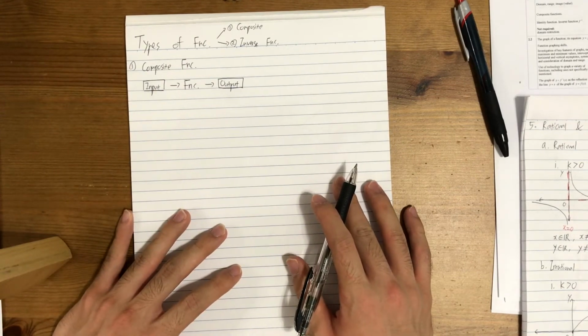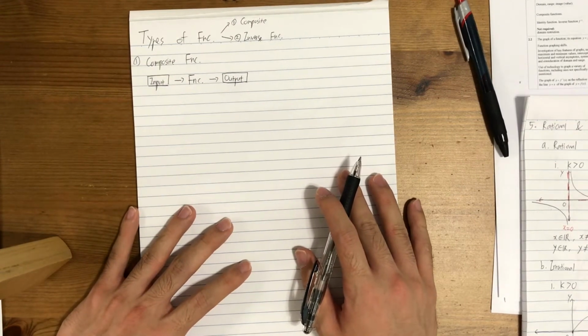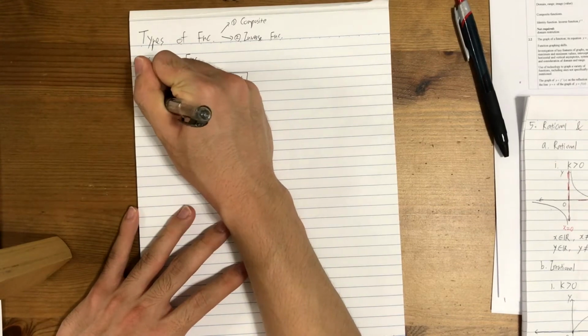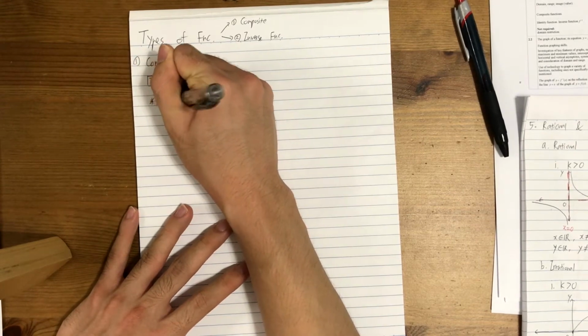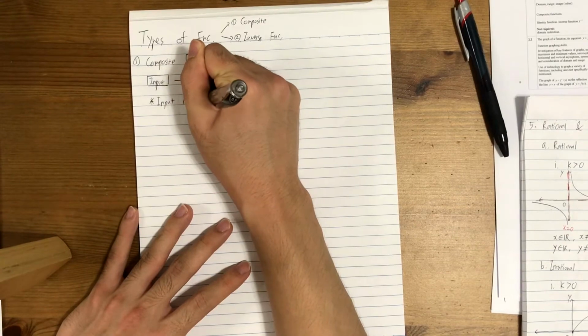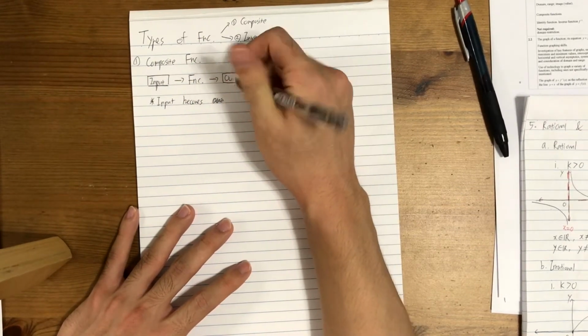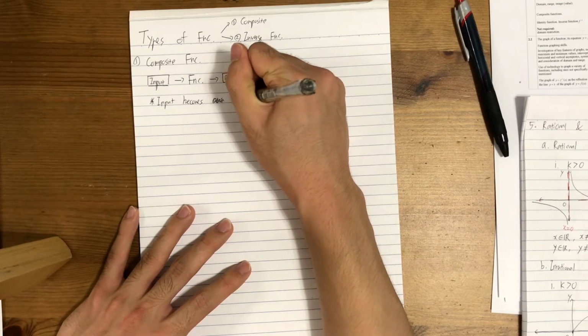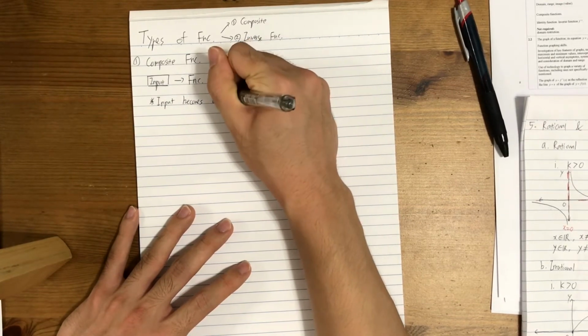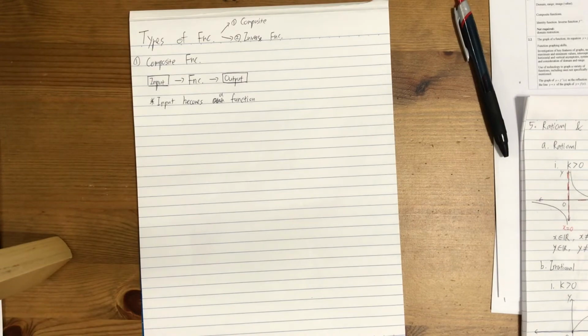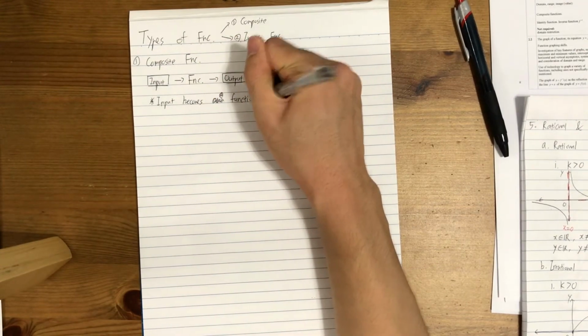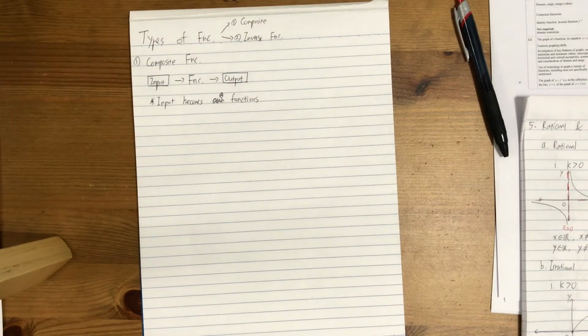Then what is a composite function? A composite function is a function where the input becomes a function, or functions. Then what does that mean?